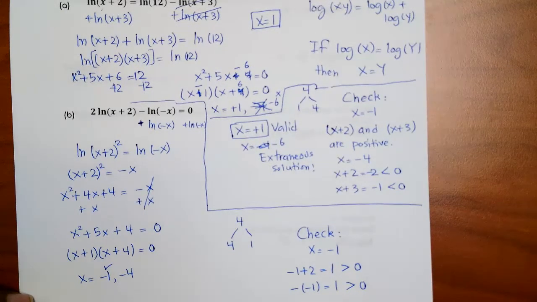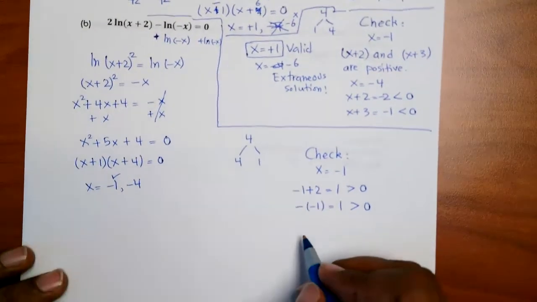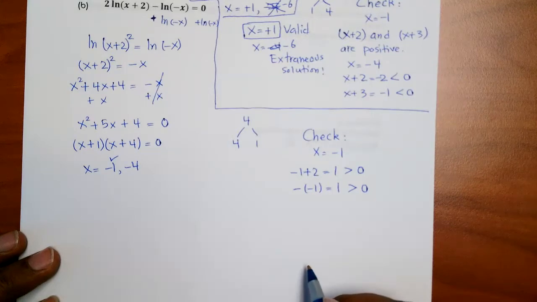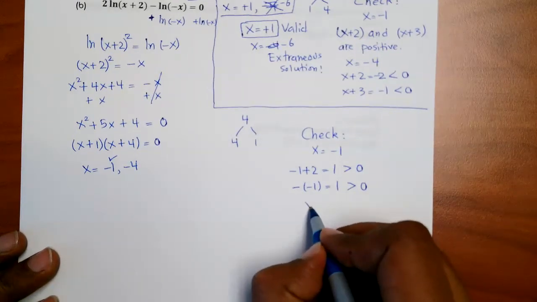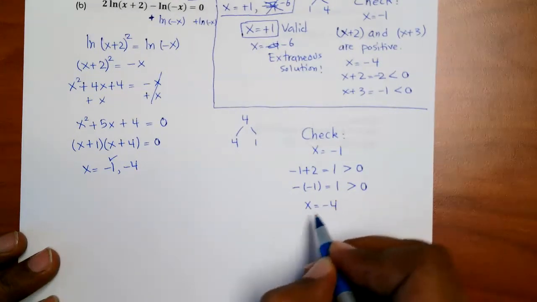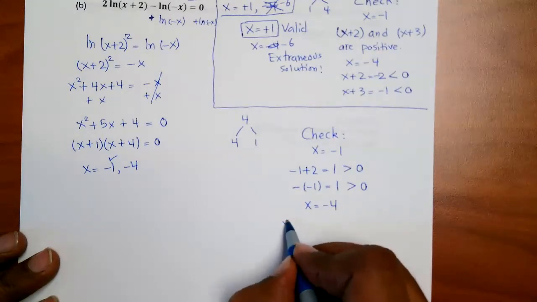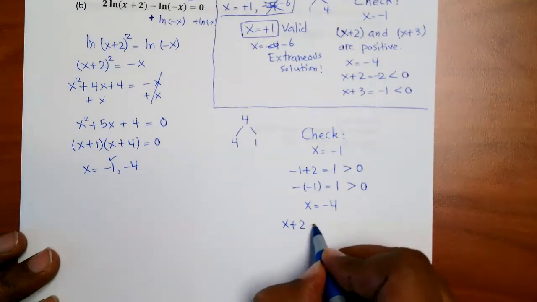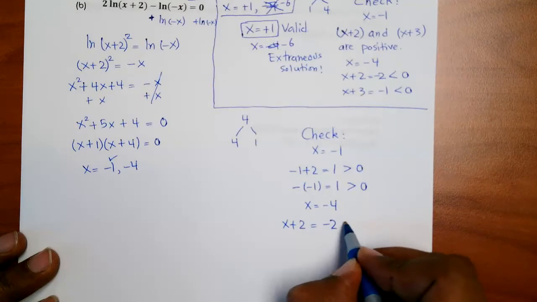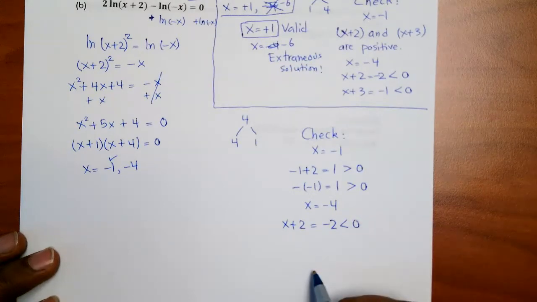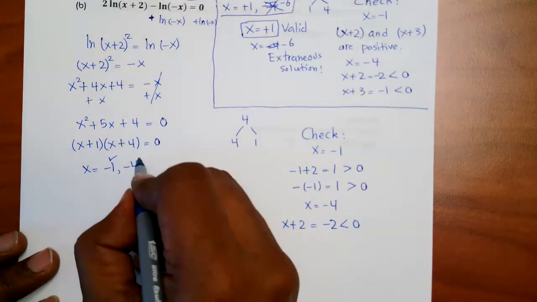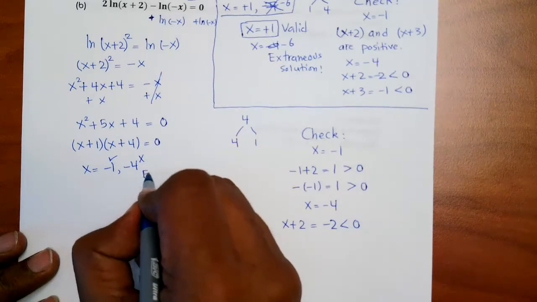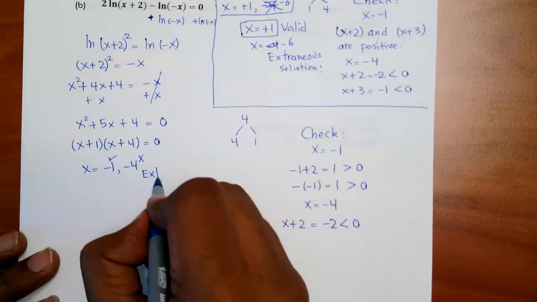And if I have x equal to -4, then x plus 2, -4 plus 2 is -2, which is less than 0. So this is an extraneous solution.